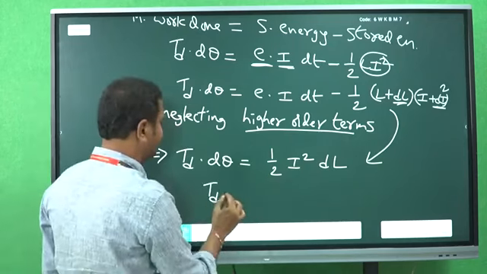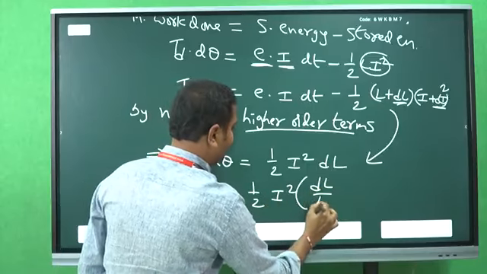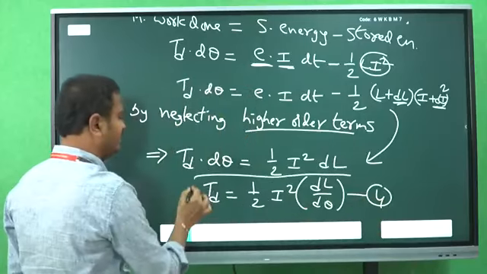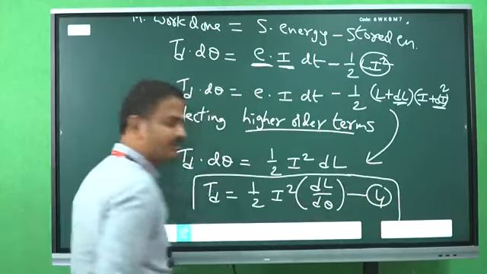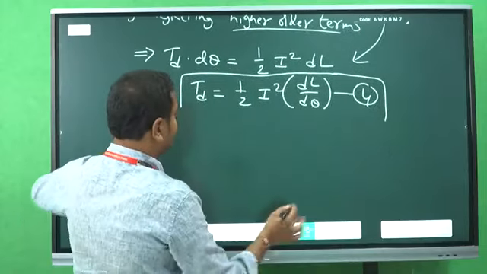From this, deflecting torque equals half I square dL by d theta. This is the final deflecting torque equation.